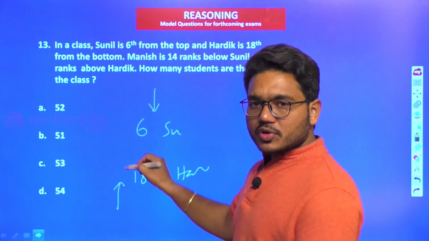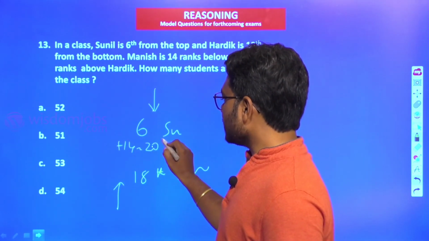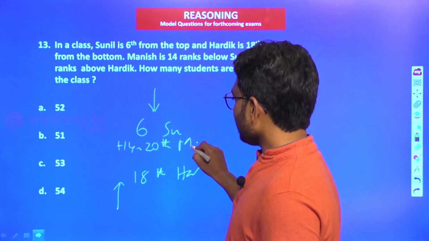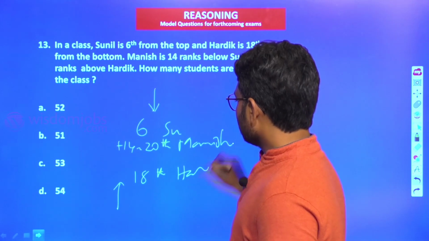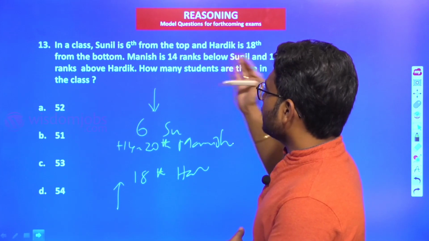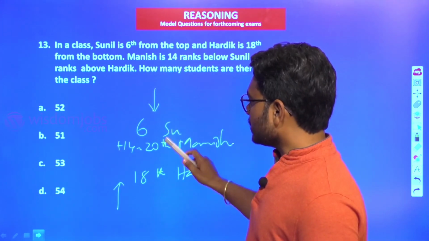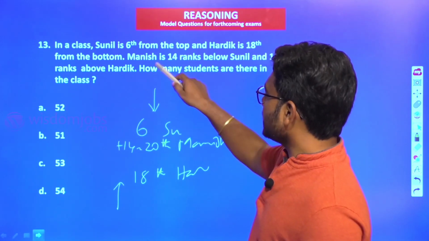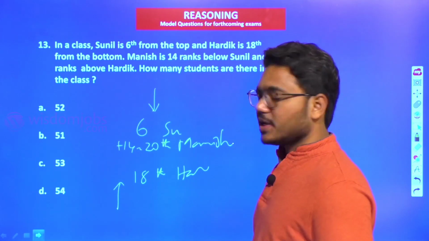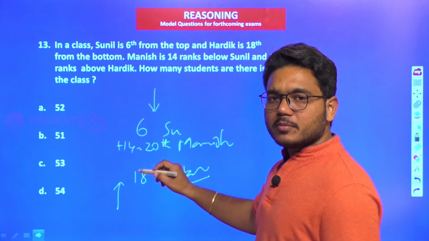So 14 ranks below Sunil, that is plus 14, Manish will be at 20th position, isn't it? Then 15 ranks above Hardik. So Manish is 14 ranks below Sunil and 15 ranks above Hardik. So Hardik is here, who is 18th from the bottom.